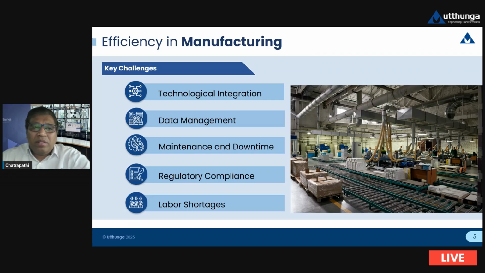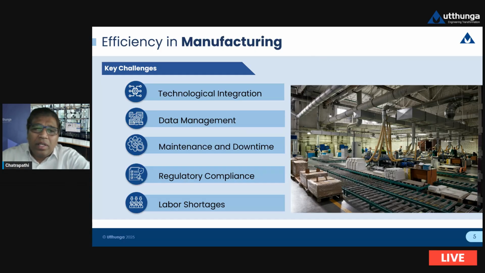So when it comes to technological integration, any implementation and integration of advanced automation solutions can be costly and complex, especially when they are composed of components from different vendors. Like if you are looking at a production line, there can be machineries from different vendors.